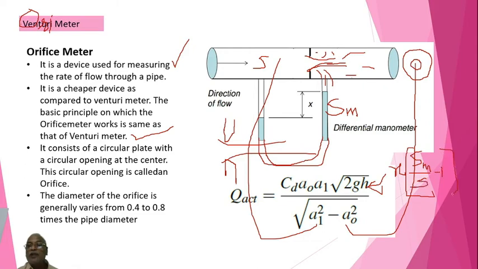That will be making this H. Otherwise the expression is exactly similar to the Venturimeter. The only thing is here the area of the orifice is called A naught. A1 is nothing but the area of the pipe. That's all. That's the difference. CD is there, the coefficient of discharge. Otherwise the expression is exactly the same as the Venturimeter.